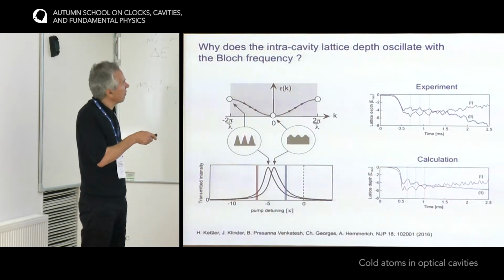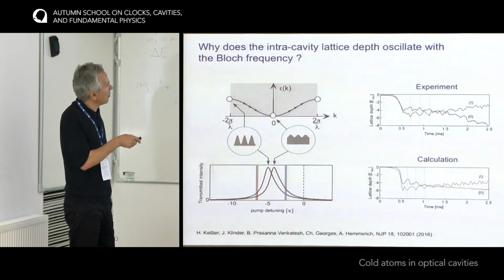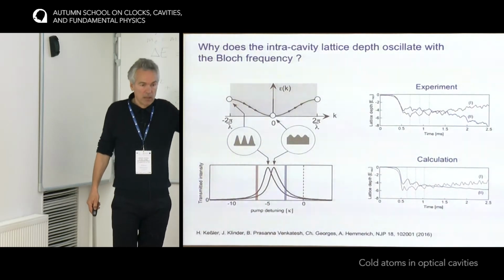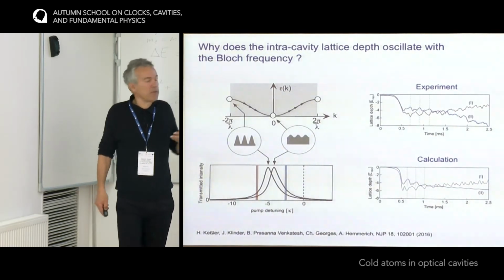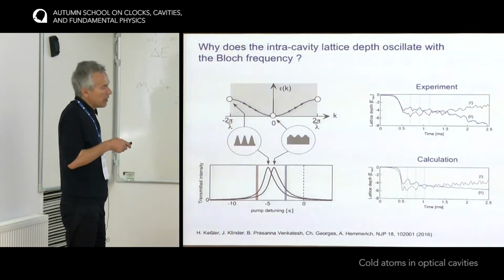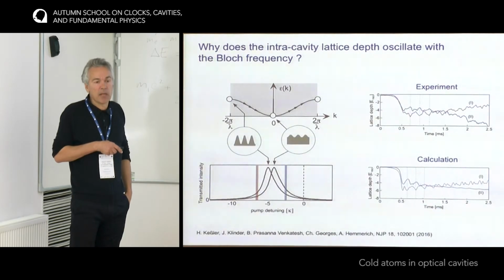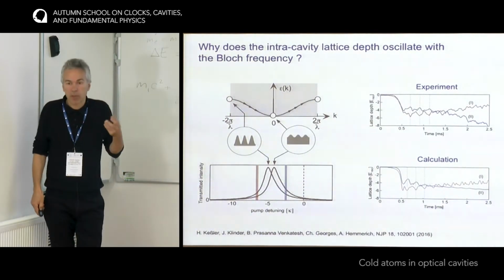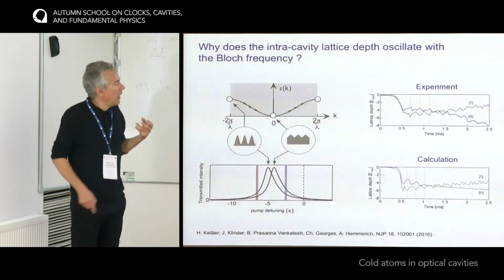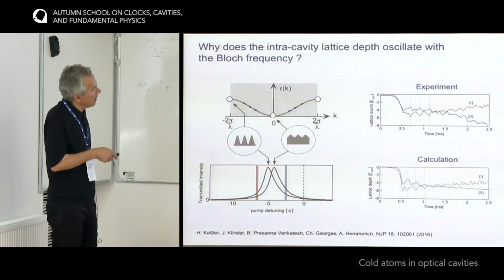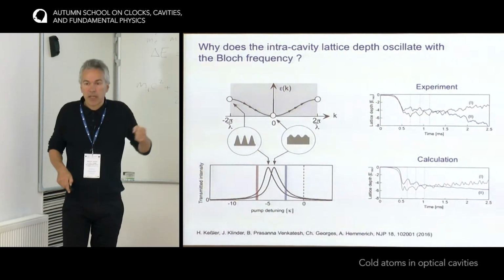If you have a fully developed grating, then the light can be Bragg scattered very easily, and that enhances the atom-light coupling. So the closer you approach the edge of the Brillouin zone, the stronger your coupling constant will be. And if the coupling constant changes, the cavity resonance will change.